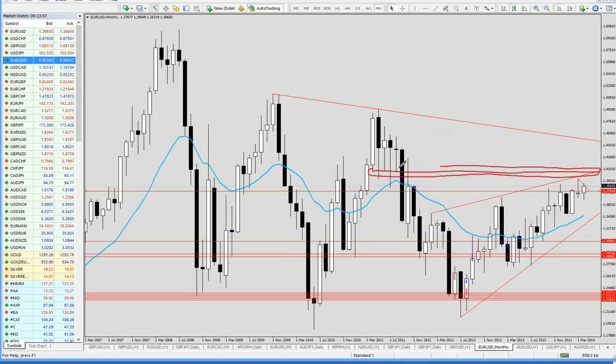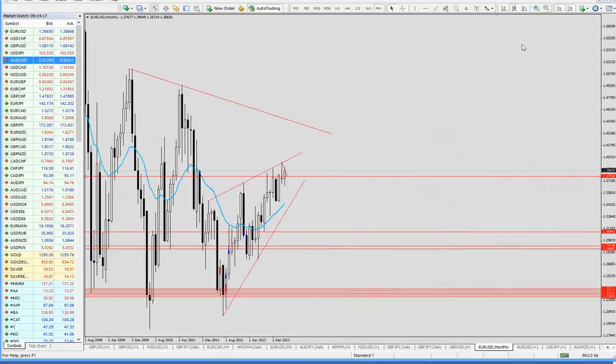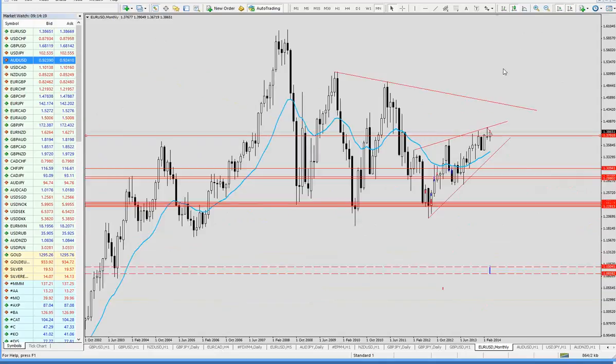We discussed it a few times already. It could be the final target for euro dollar. Let's see where we are going to close at the end of the month.